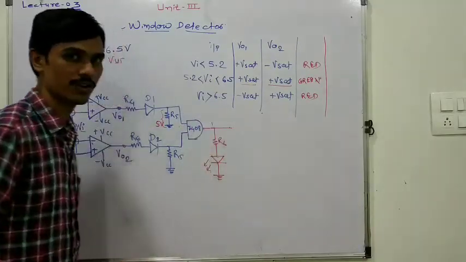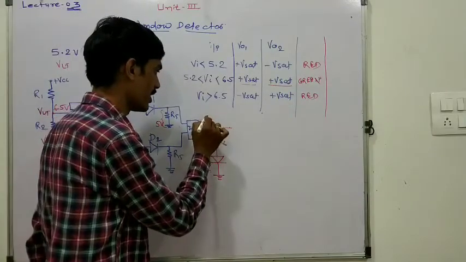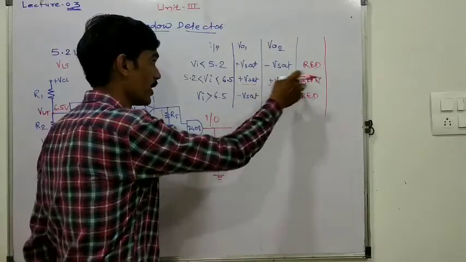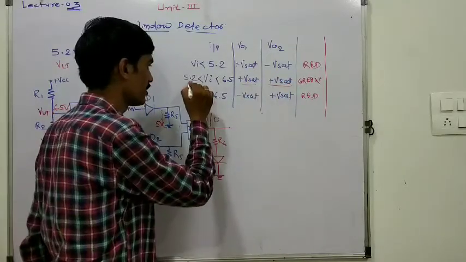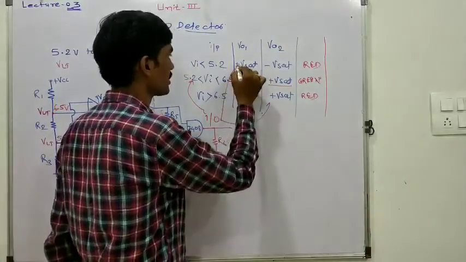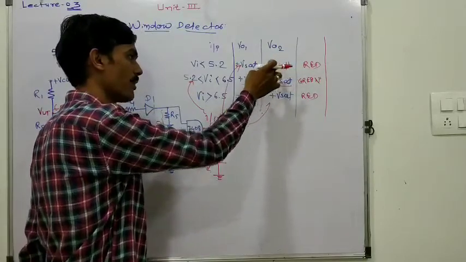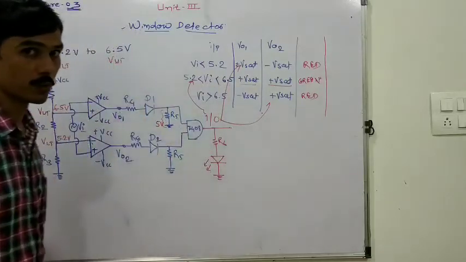It means high voltage. If high voltage is available, the output of the 7408 is either 0 or 1. Now condition 1 is for both plus Vsat. Then and only then we are getting this condition. Otherwise, if either VO2 is equal to minus Vsat or VO1 is equal to minus Vsat, then definitely we are getting a 0 output.